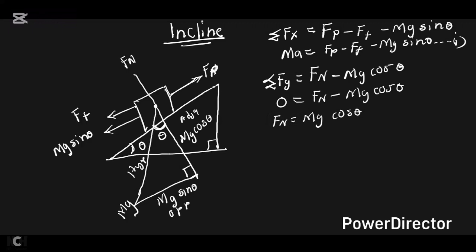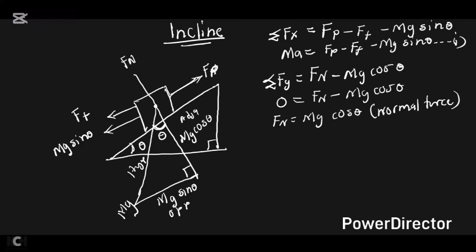So here, this is our normal force, right? Then the next thing that you need to know is the acceleration now, right? Remember that you can only find the acceleration when you get the equation for the x-axis.